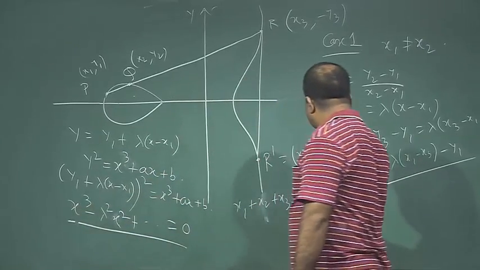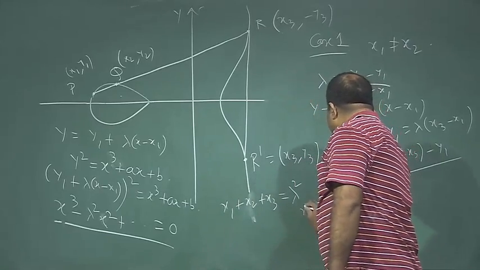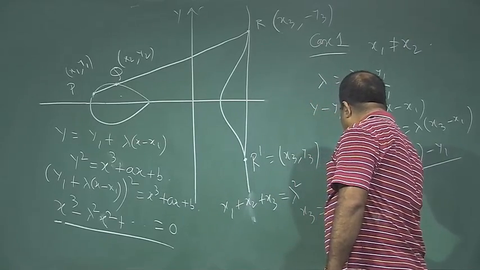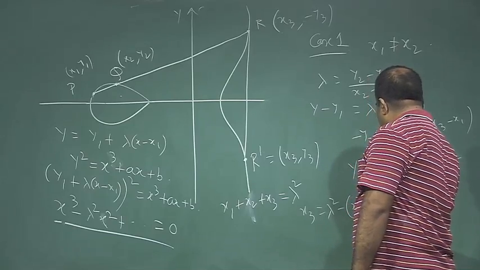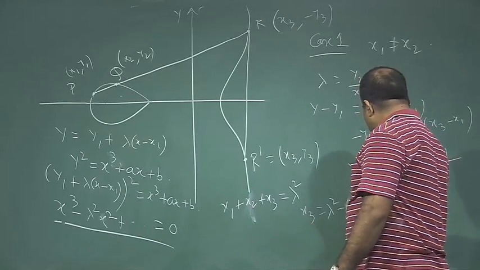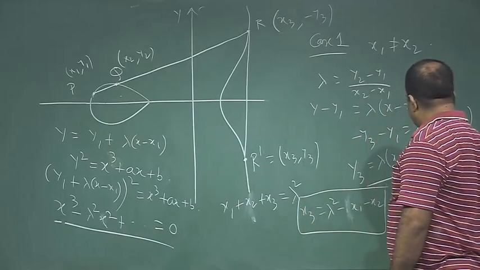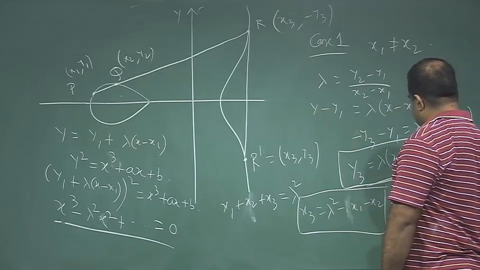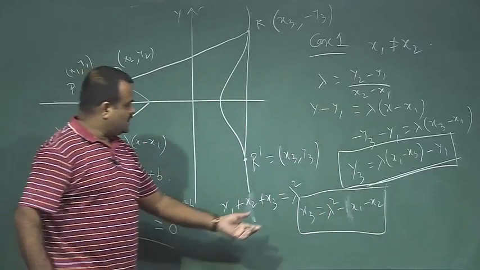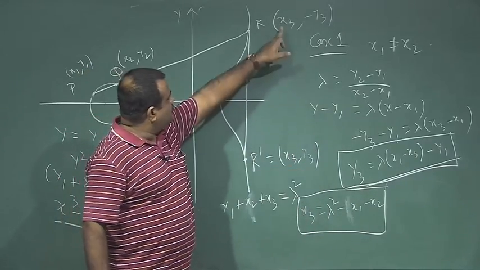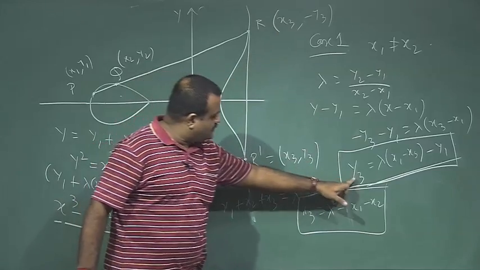So this will give us lambda square. So that means x3 is basically lambda square minus x1 minus x2. This is x3 and this is y3.